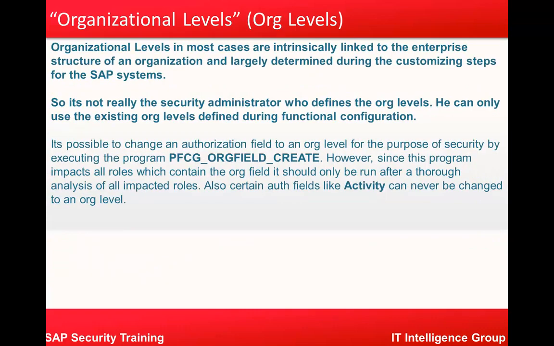Organizational levels in most cases are intrinsically linked to the enterprise structure of an organization and largely determined during the customization steps of the SAP system. So it is not really the security administrators who define the org levels. He can only use the existing org levels defined during functional configuration.